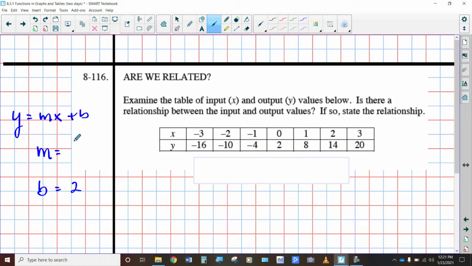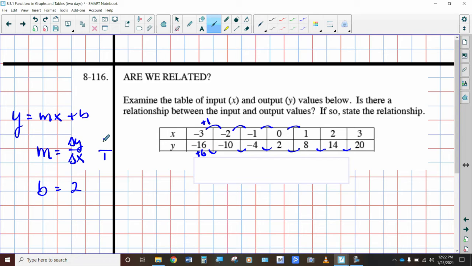So our growth rate is where you take the change in y over the change in x. So going between here, how much does y increase for every time x increases? It looks like x is increasing by 1 every single time. And how much does y increase by? It looks like it's going up by 6, right? Well, this goes up by 1, so does that increase by 6? Yes, yes, yes, and yes.